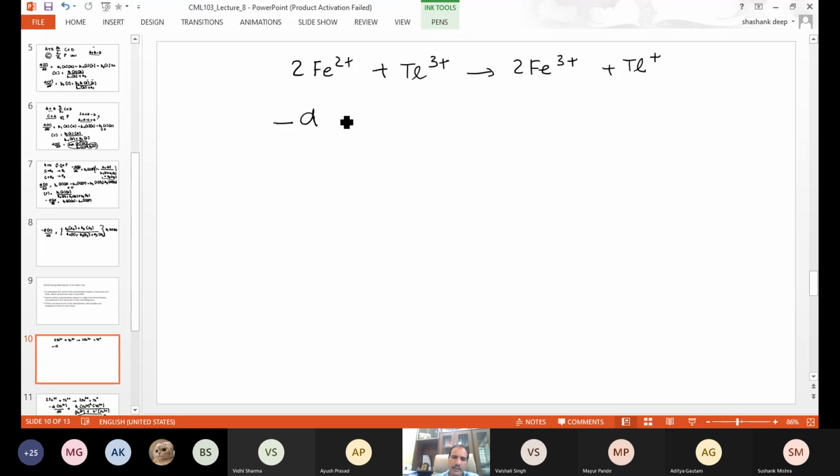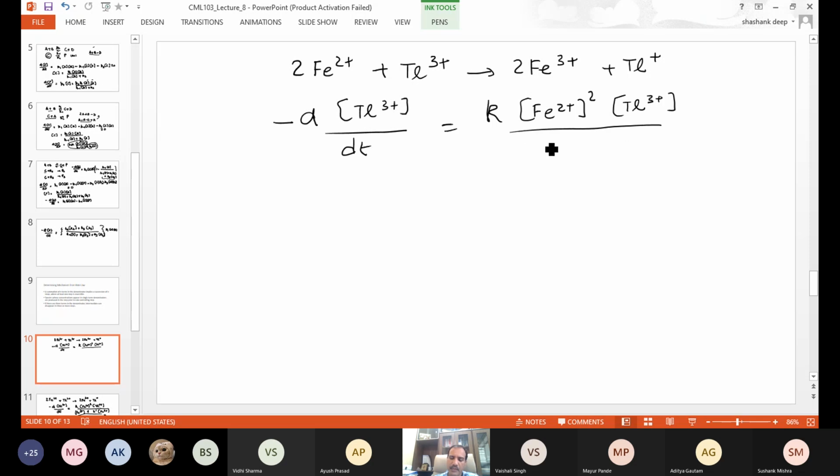And then this is the rate of reaction: d[Tl3+]/dt is equal to k [Fe2+]^2 [Tl3+] divided by [Fe2+] plus k' [Fe3+]. This is the rate law.